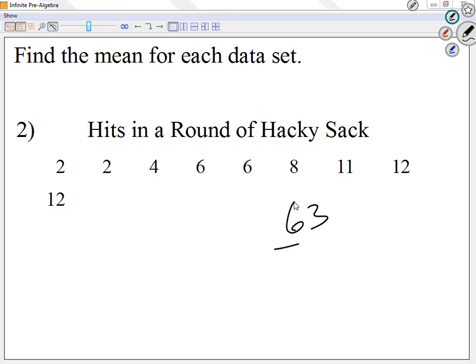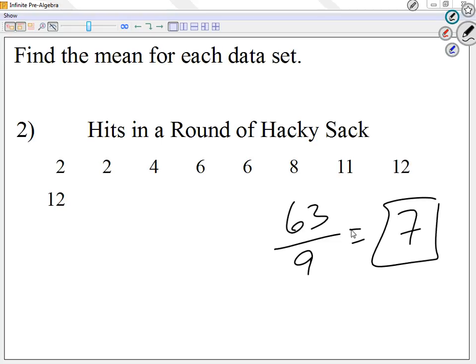It's 63. I'm going to divide by how many numbers I have: 2, 3, 4, 5, 6, 7, 8, 9. So 63 divided by 9 gives me 7. Do keep in mind that some of them might be decimals, like number 1 was a decimal, so some of them might be decimals.